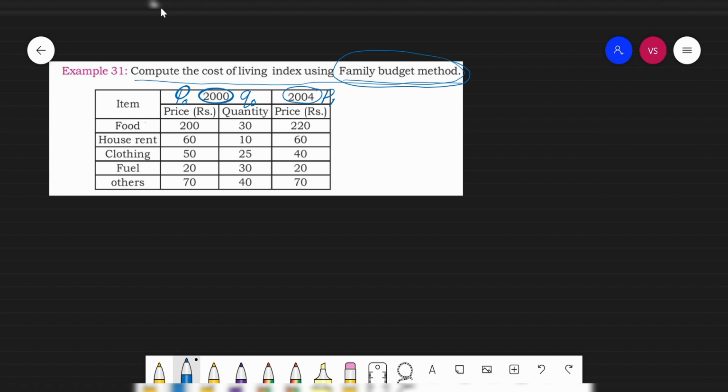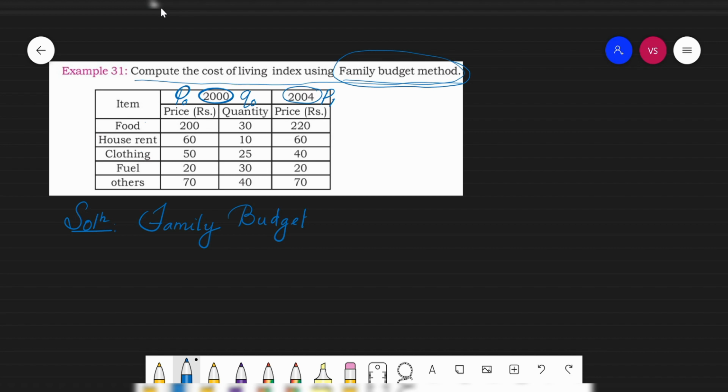Now when we look at the question, they said it is family budget method, but they have not given us anything regarding weights. For a family budget method, you know very well the consumer price index number formula.